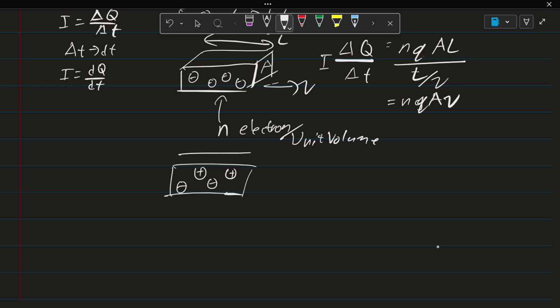But if I apply an electric field, positive charges are going to move in this direction and the negative charges are going to move in the opposite direction. This will later cause a change in charge, as there is charge getting out, which is negative, so it will be plus, and there's charge moving in, which is already positive.